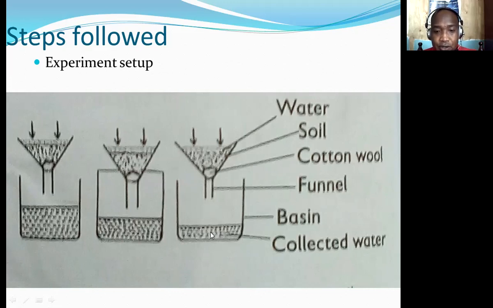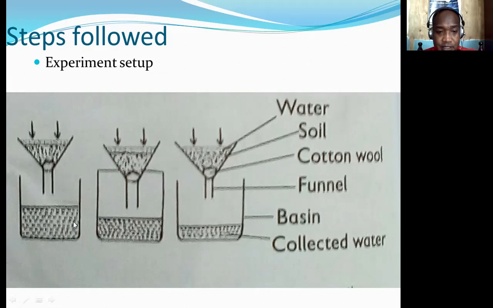Two, much water will pass through soil with the biggest or largest particles.